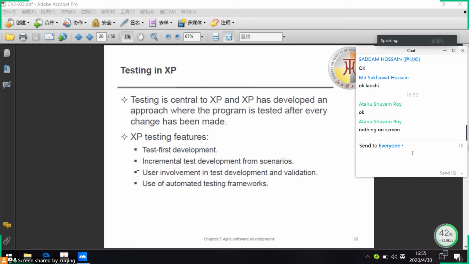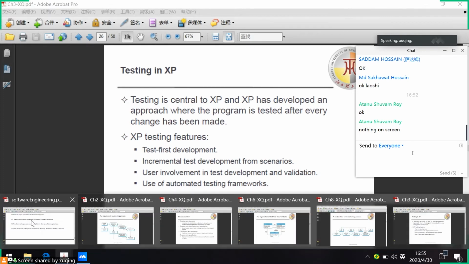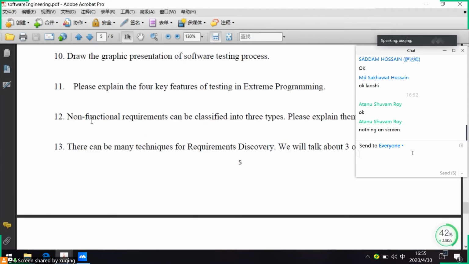And then for the 12th exercise, we are asked about the three types of non-functional requirements. If everything goes well, it was also in the fourth assignment.